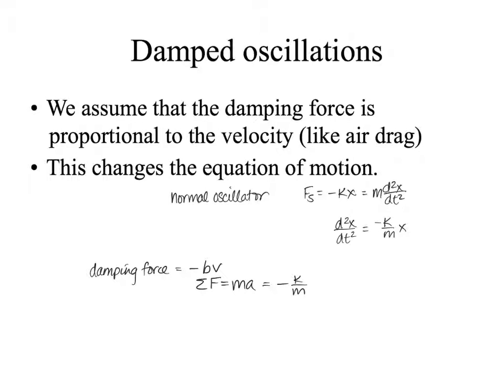If we look at that through F equals ma, we have the force due to the spring plus the damping force equal to the mass times the acceleration. This changes the differential equation, because keep in mind velocity is also the derivative of position with respect to time, and we can rearrange this, and our differential equation would look like this.